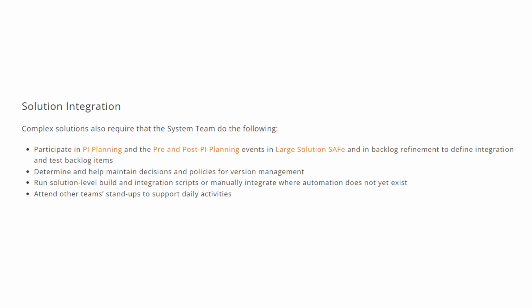That is very, very important. Right? So the system team's presence in PI planning is to have stories related to integration, stories related to solution testing or end-to-end testing. Only then will you build the right kind of automated solution, the right kind of automated testing, all those things will be possible.